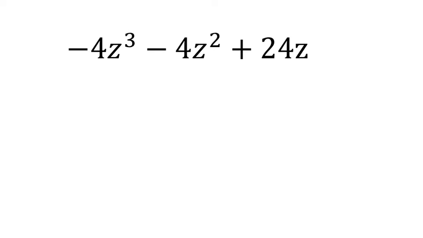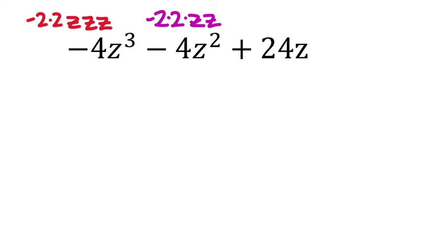So the -4 I would show is -2 times 2, and then we got the z's. So -2 times 2 times z times z times z, and then the -4z to the power of 2, again, -2 times 2 times now just 2 z's. And then 24, I guess I should use a factor tree for that one.